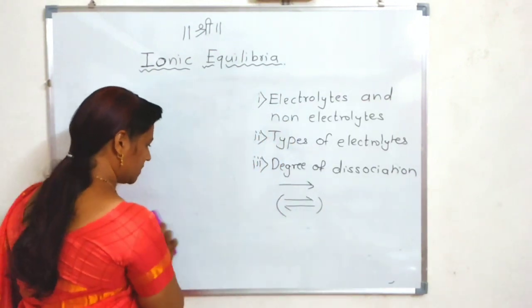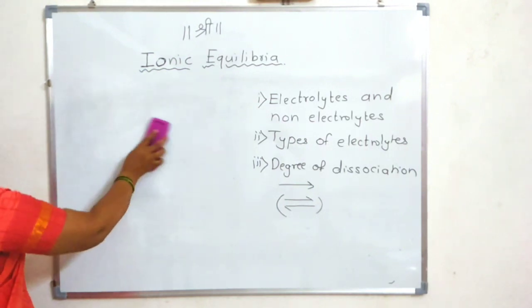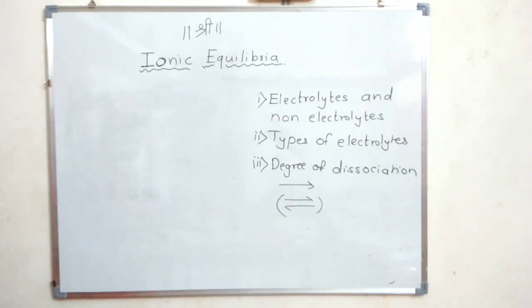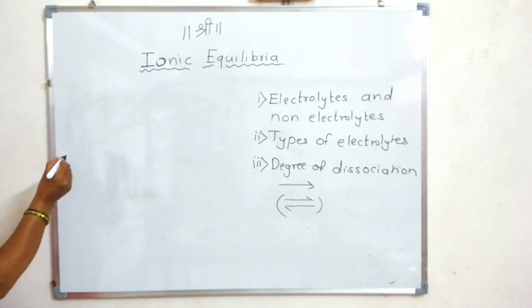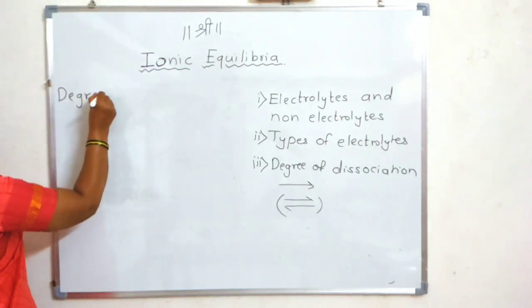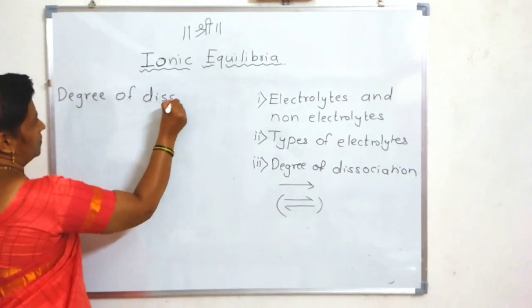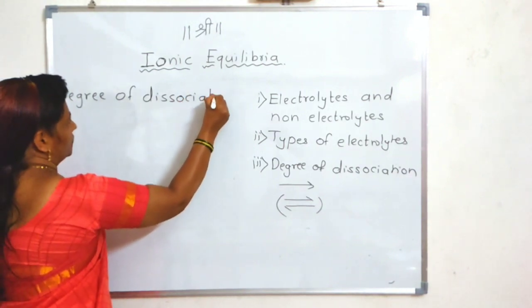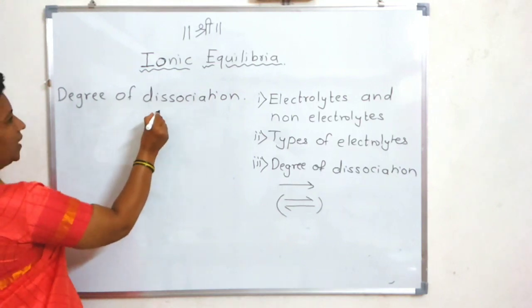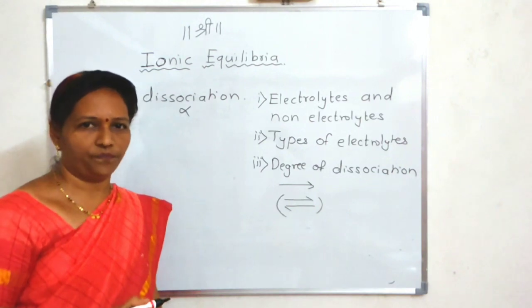Degree of dissociation is denoted by alpha.